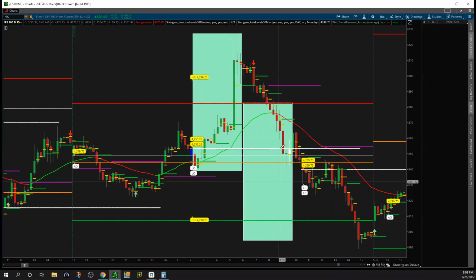This is the first day that we didn't hit before London close, but did target hit. Right here's target. Did target hit before the end of the day? Right there. 15 minutes before close, target hits. Another winner. I'll be down.